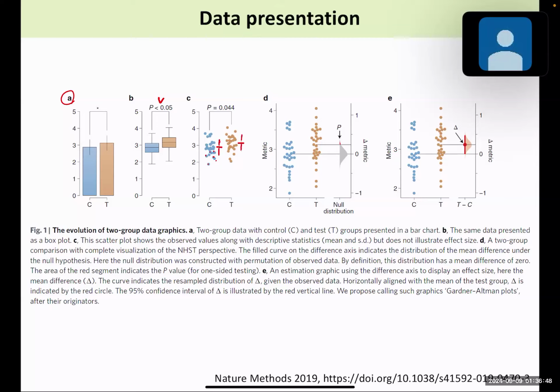And you can explicitly write the value of the p-value of the statistical significance. But you can further improve it by providing this null hypothesis distribution, right?